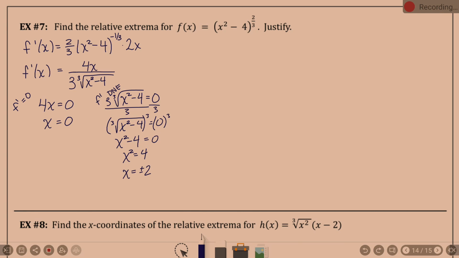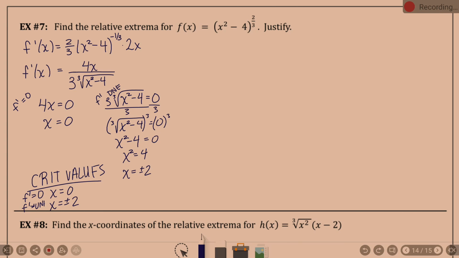Good? So right now, we have critical values at x equals 0 and x equals plus or minus 2. And I kind of already wrote up above, it's because when the derivative equals 0 and when the derivative is undefined or does not exist.